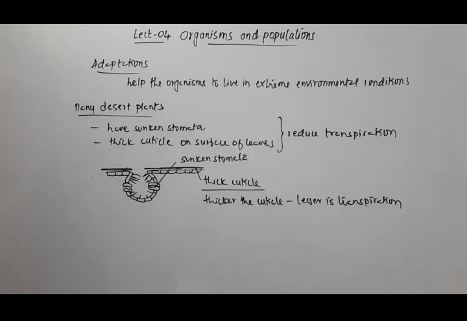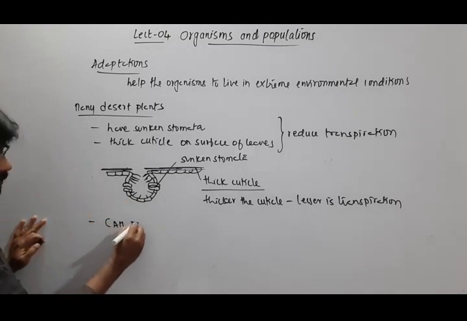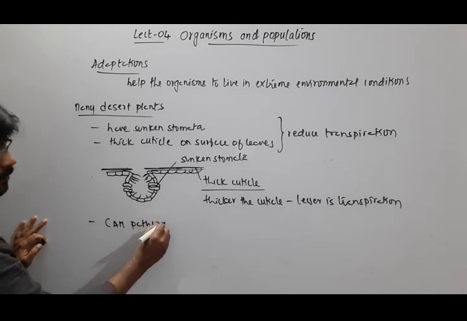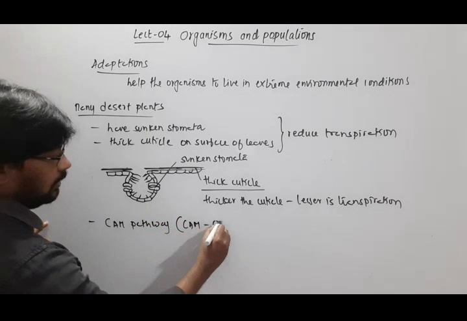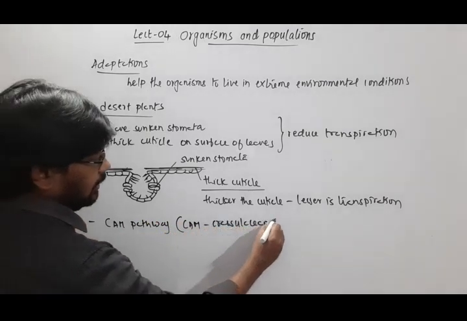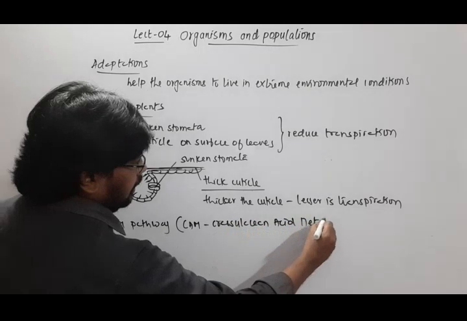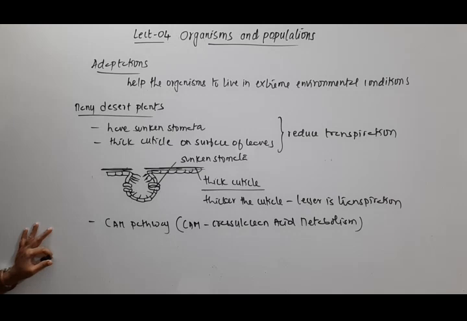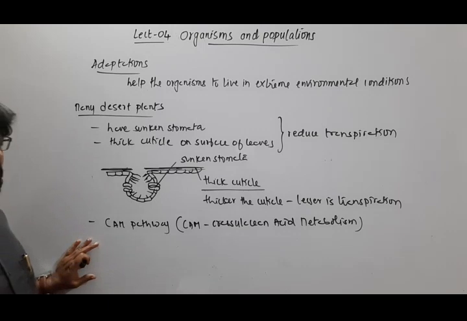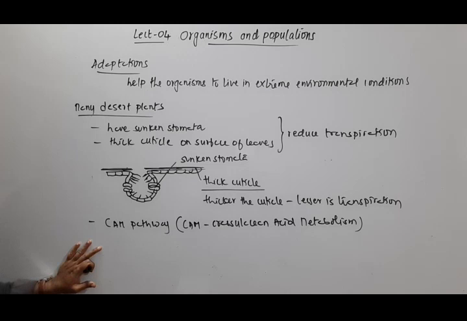And they also have a mechanism called the CAM pathway. Here CAM stands for crassulacean acid metabolism. The point is that if these desert plants took carbon dioxide during daytime, they would need to open stomata, and if they open stomata, they are going to lose water.